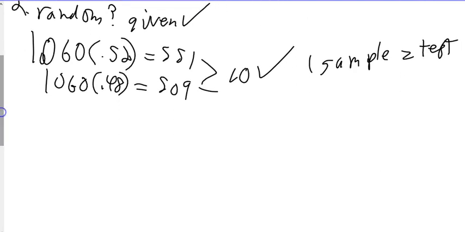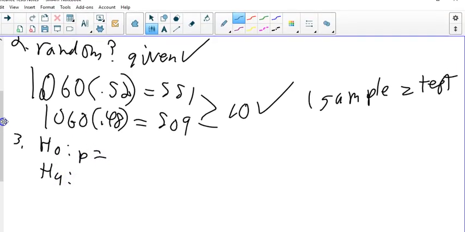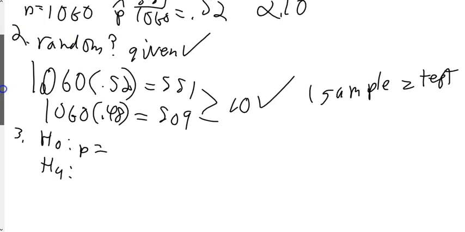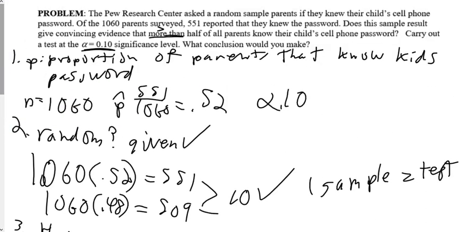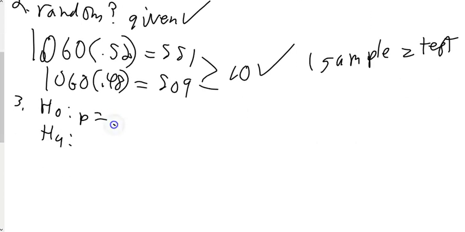Now, number 3. We do the Ho and the Ha. So P is equal to, remember up in the problem they said more than half of the parents. So that's our benchmark. That's what we're looking at. So half the parents. And then since it said more than half, we're going to say P greater than 0.5.